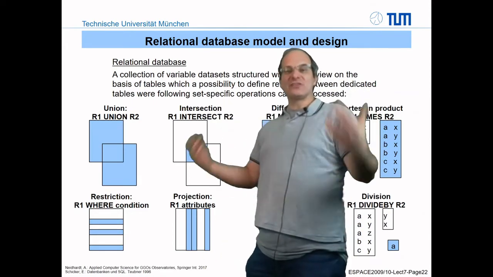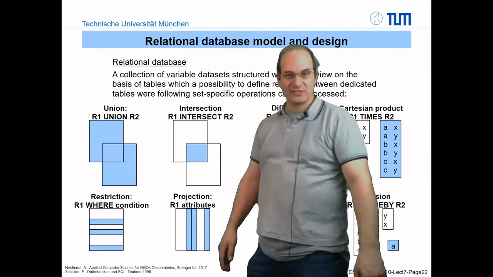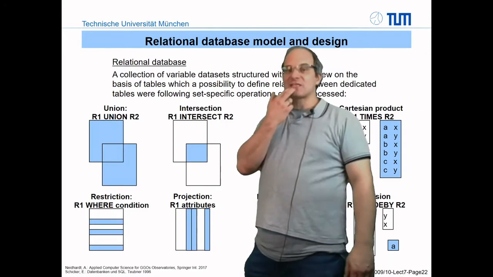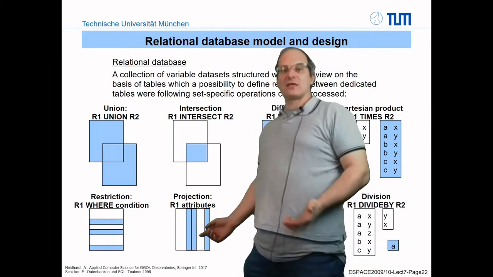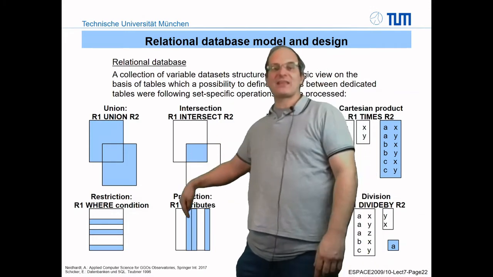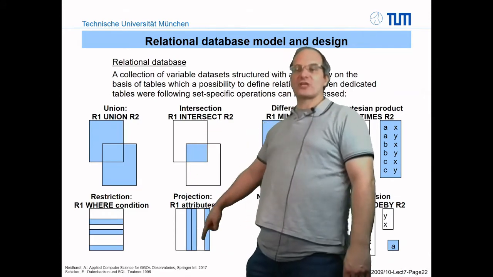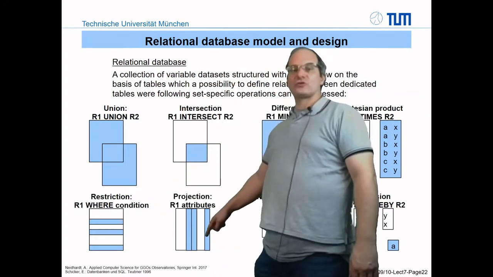If you are not interested in, let's say, the address of a student, but if you're interested in special information, if it is female or male, for example, or if you're interested in the combination of IDs and names, things like that, then you just select special attributes. So you have this projection. Here it's called restriction, here it's called projection.